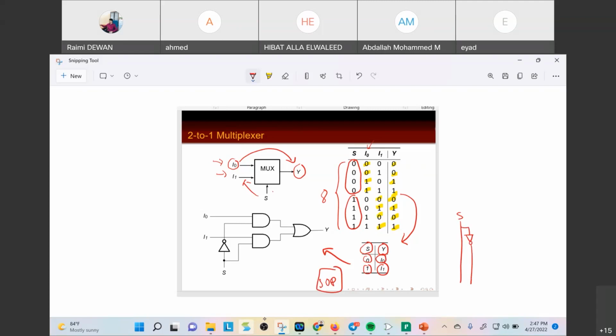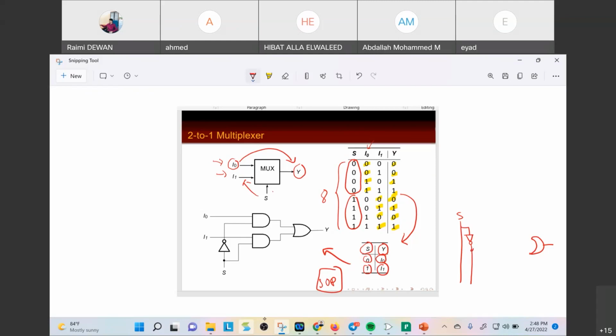So you will have an OR here, because it's sum of products. Then you can see that the first function will require S equals 0 and Y equals I0. So you see the first is like this, for the first combination.